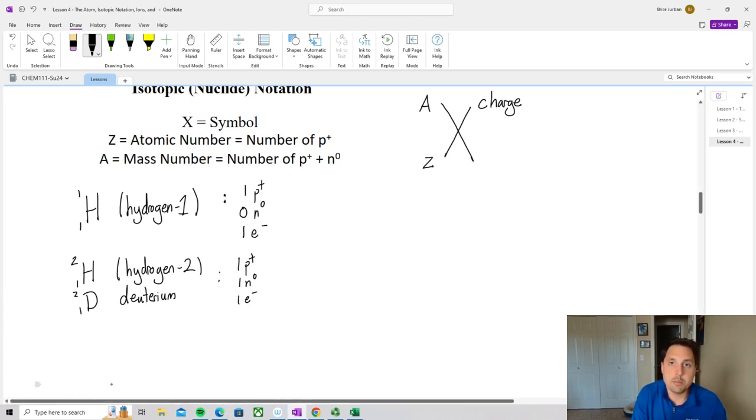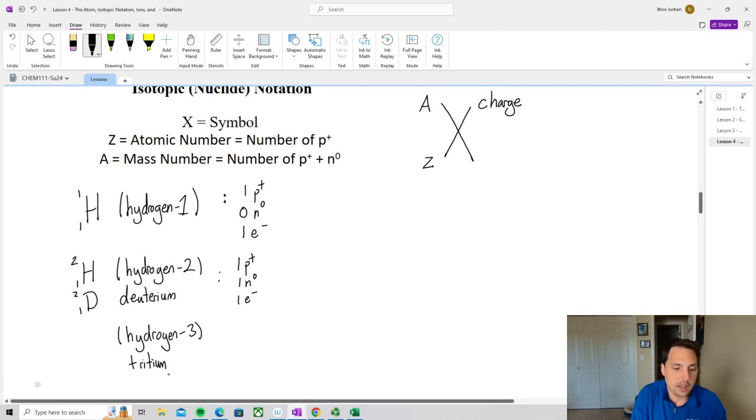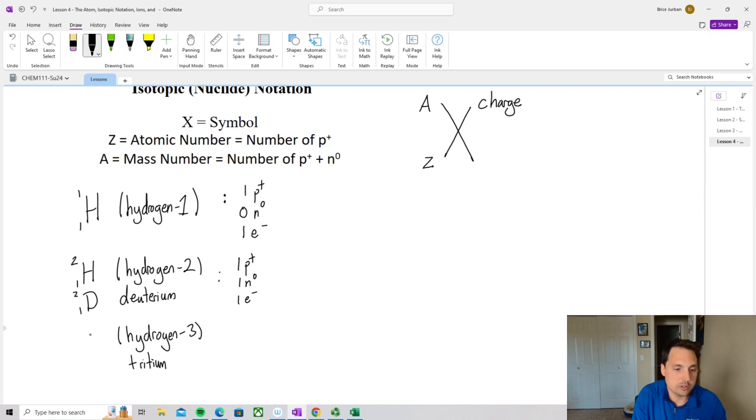And then if we keep building this up, we can add 1 more neutron onto hydrogen, and at this point it becomes unstable. If you add another neutron here, it becomes kind of neutron heavy. So this is known as tritium, which has a half-life. It starts to decay after a certain number of years. I believe it's around 12 years for tritium.